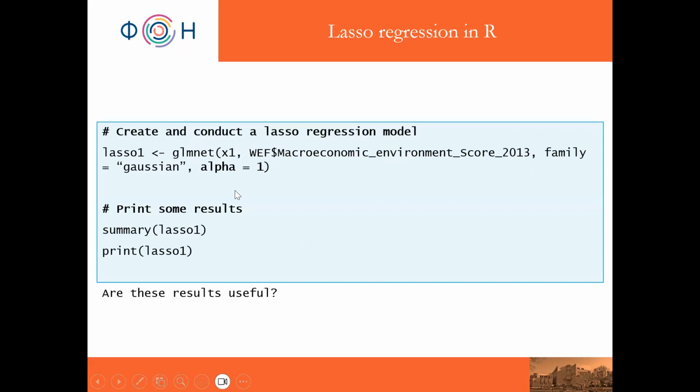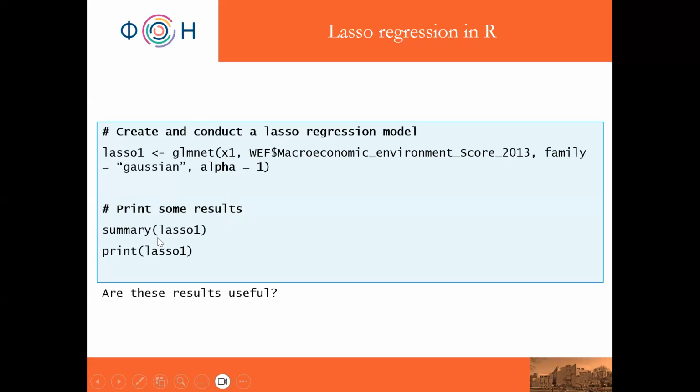As we said, if alpha equals 1, we are creating a lasso regression. So the procedure is going to be the same as we had for ridge regression. First we create our basic lasso regression model.